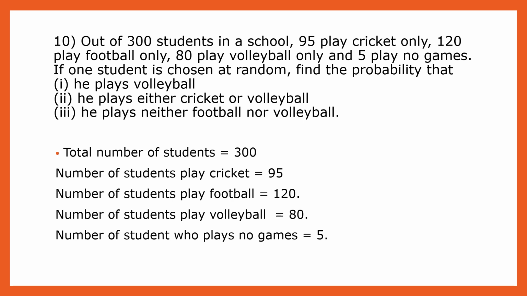If one student is chosen at random, we have to find 3 probabilities for this example. Now what data is given to you? There is a school and in that we have a total of 300 students. So the total number of students would be 300.